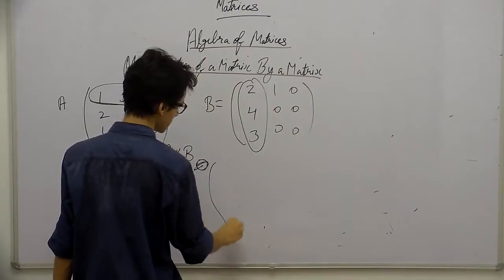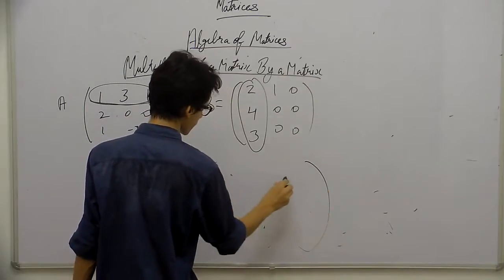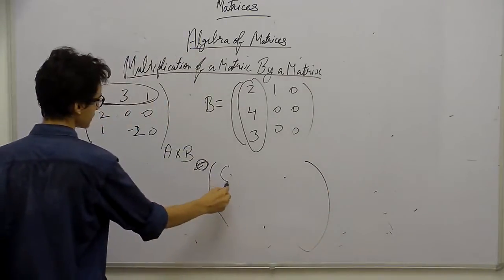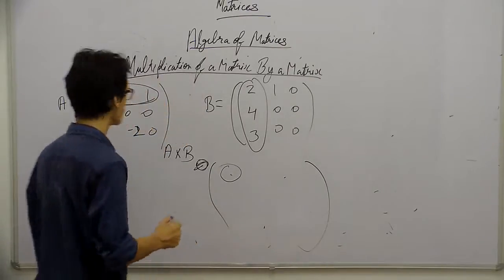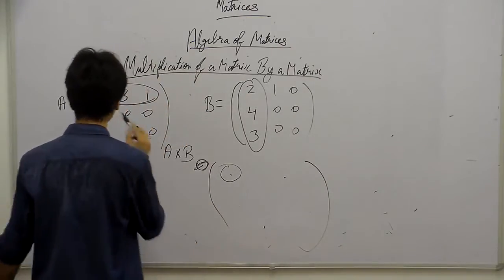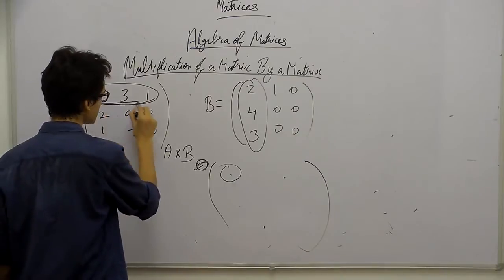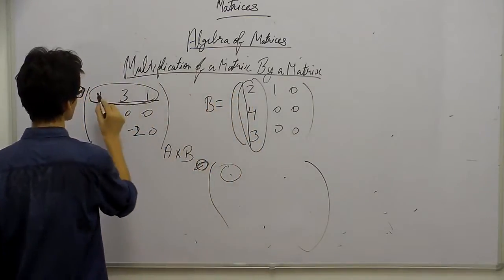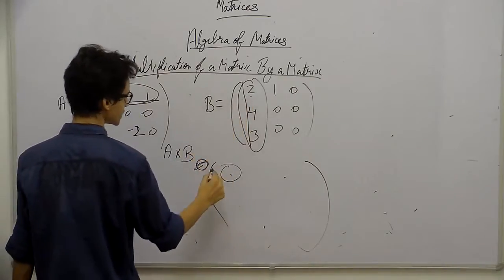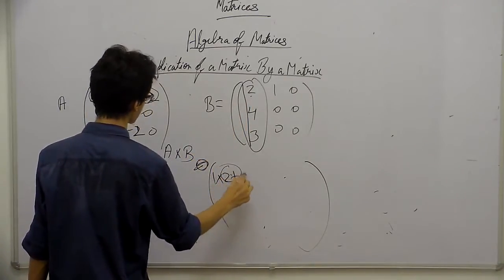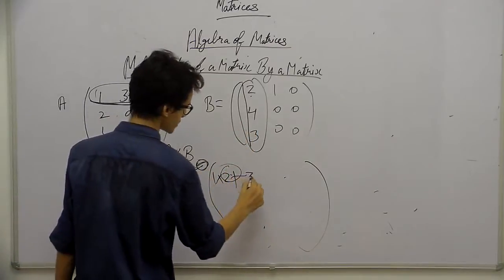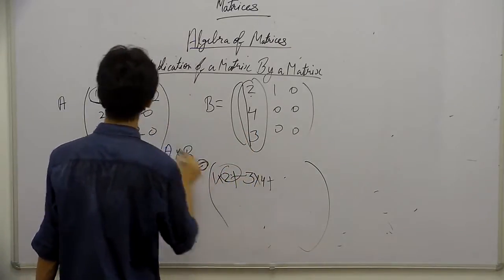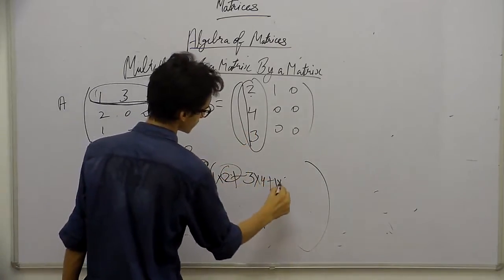Let's suppose A times B is this. The first element is found by multiplying the elements of the first row of A with the corresponding elements of the first column of B. So it is 1 into 2 plus 3 into 4 plus 1 into 3.